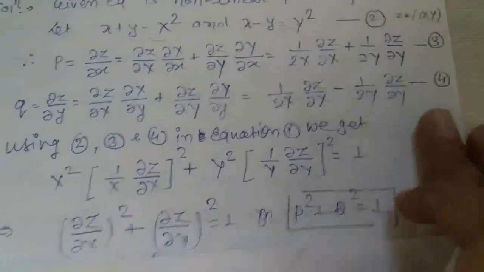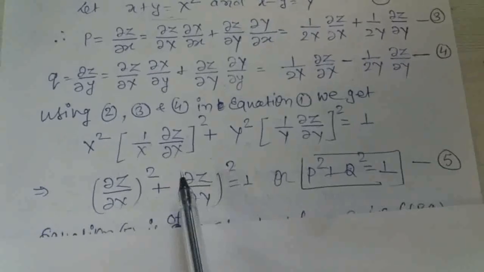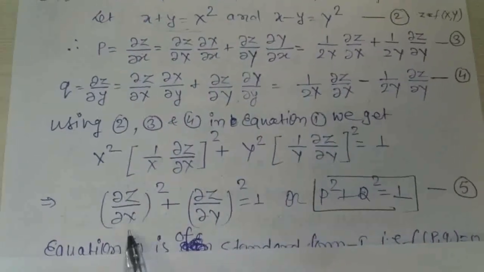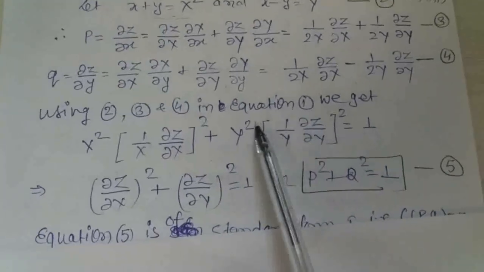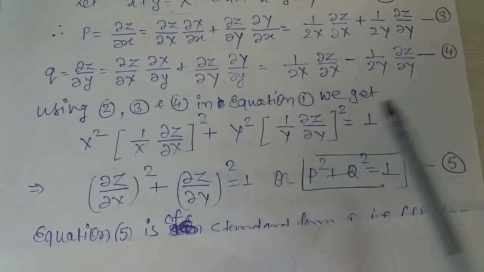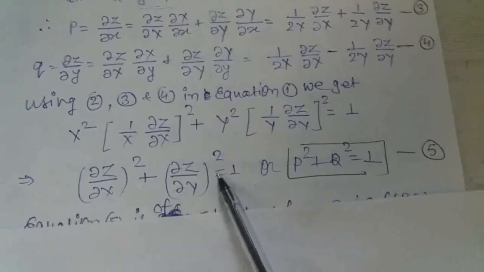Simplifying, capital X square cancels, so we get del Z by del capital X whole square. Here capital Y square cancels, we get del Z by del capital Y whole square equal to 1.